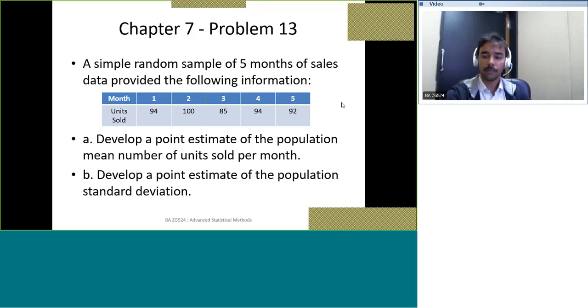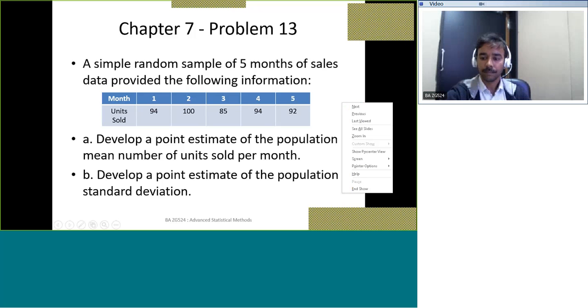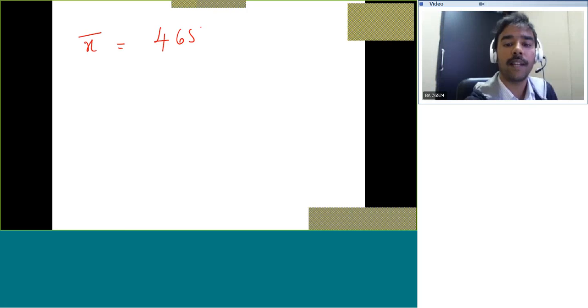Yeah, so we have the data. From that, if you calculate the X bar, X bar is the point estimate of population mean: sum of observations by number of observations. So sum of observations becomes 465 by number of observations 5.